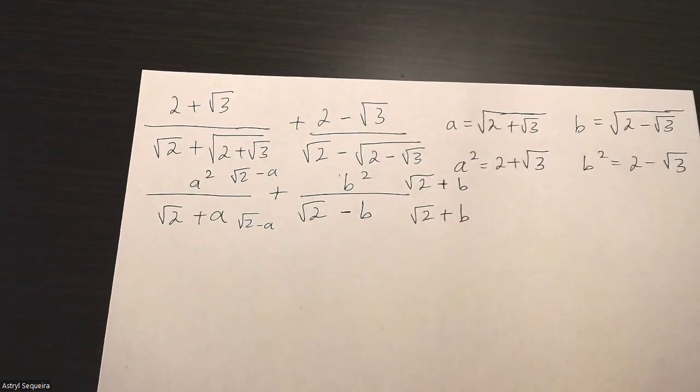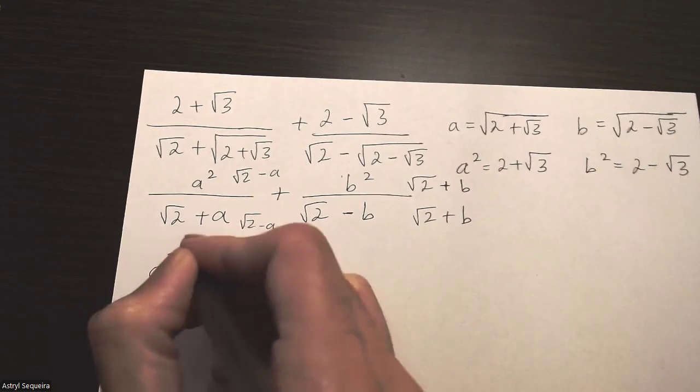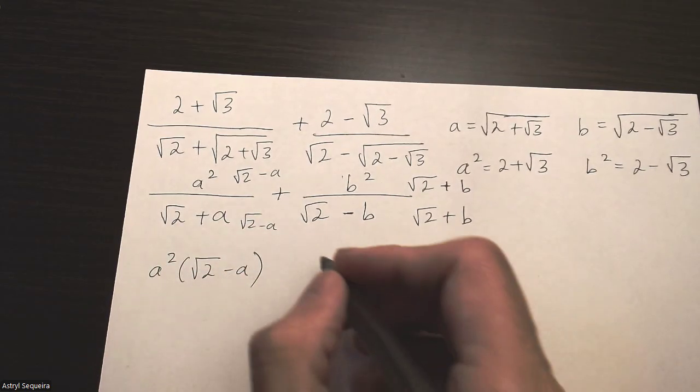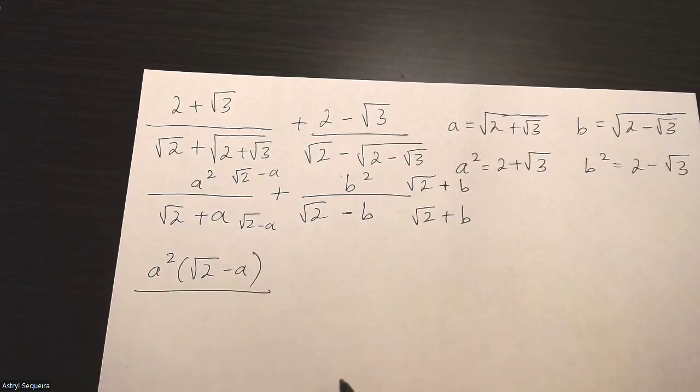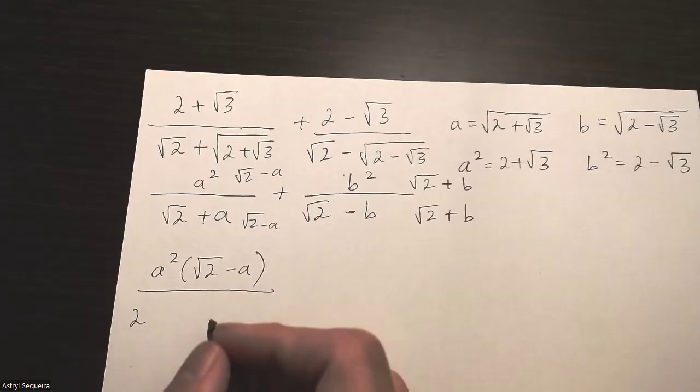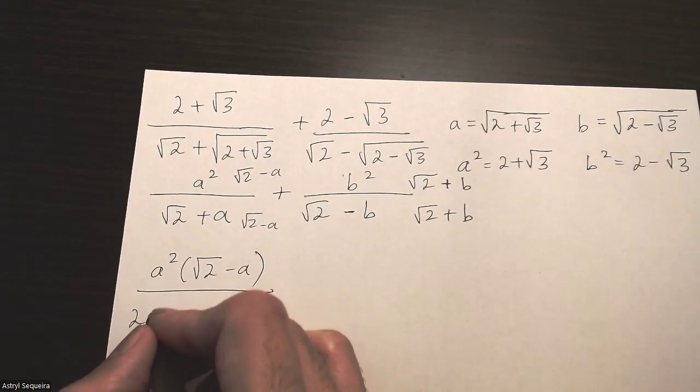In the numerator, I'm just going to have a squared times root 2 minus a. And then in the denominator, if I rationalize this, root 2 times root 2 is just 2. Should probably do it quicker, but I'll just show all the steps.